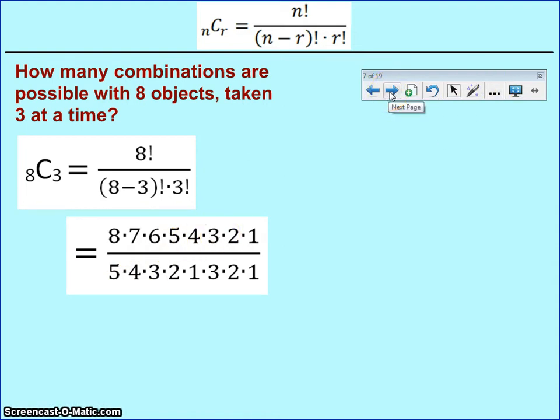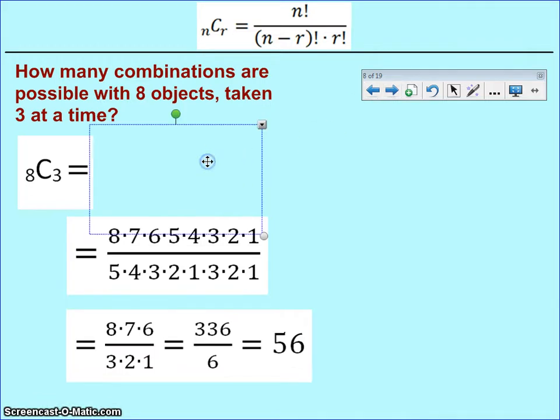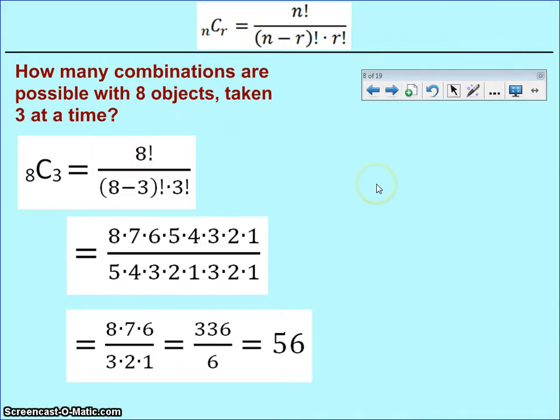If you get rid of all that stuff that's duplicated on the numerator and the denominator, all you have left up on top is 8 times 7 times 6 over 3 times 2 times 1. 8 times 7 times 6 happens to be 336. Divide that by 6 and you'll get 56. Now, that's how many combinations are possible with 8 objects, choosing any 3 of them and rearranging them.